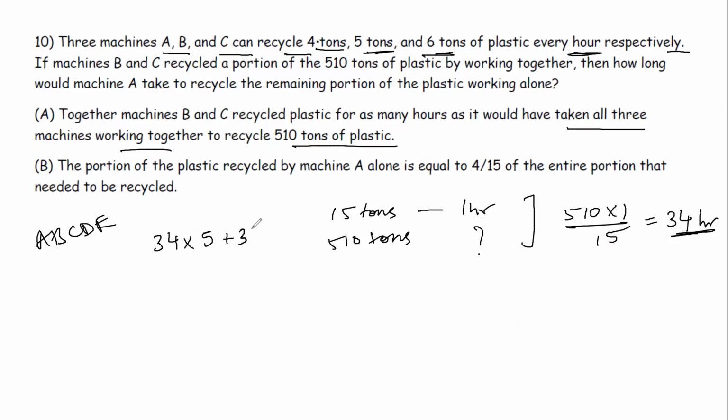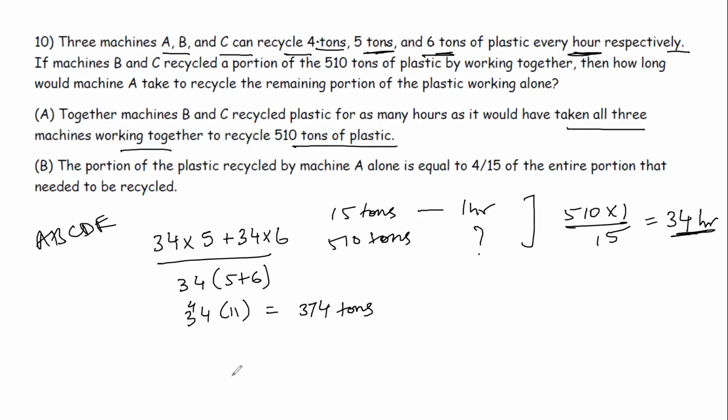Plus 34 hours taken by C. So from here, we come to know it is 34 times 5 plus 6, which is 34 times 11. So that is 11 fours are 44, 11 threes are 33, 374 tons.